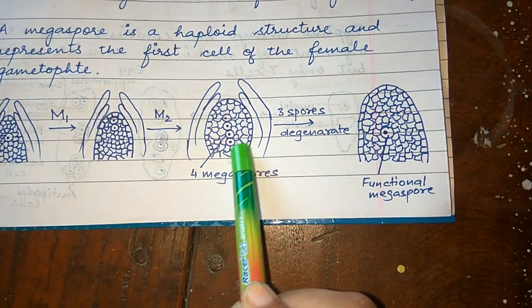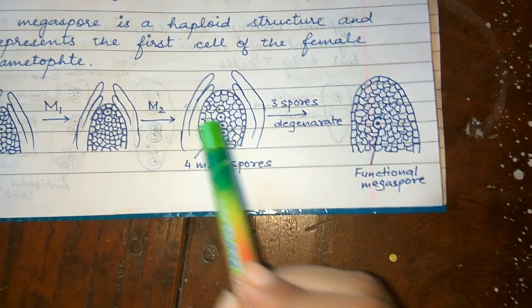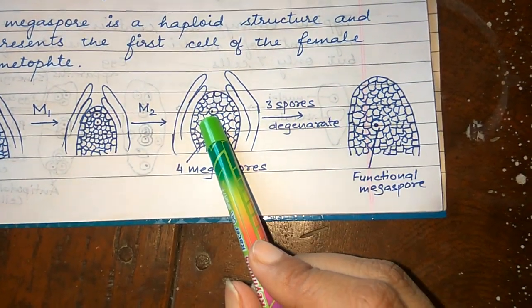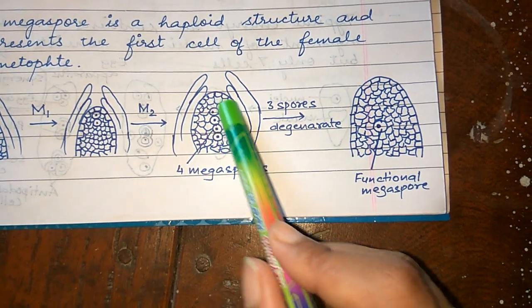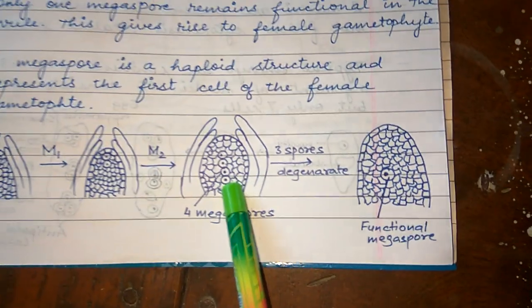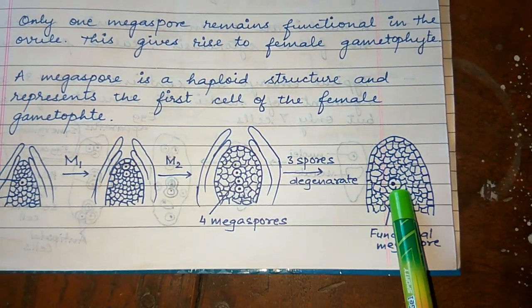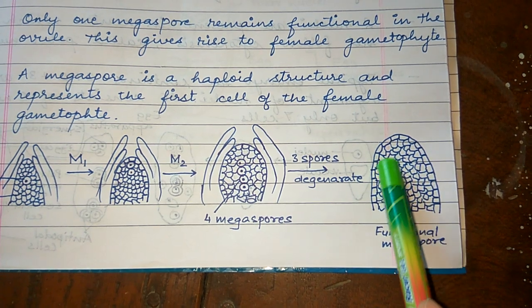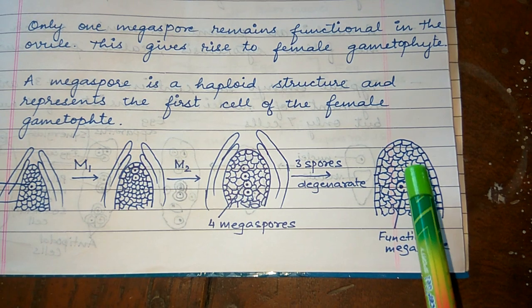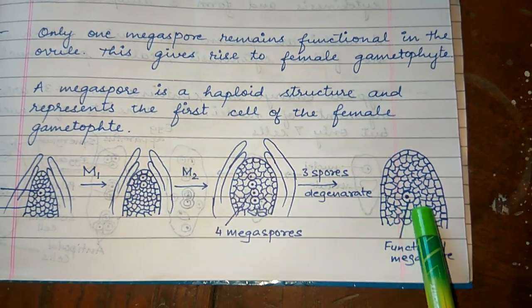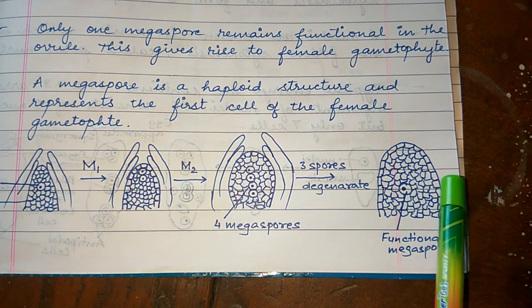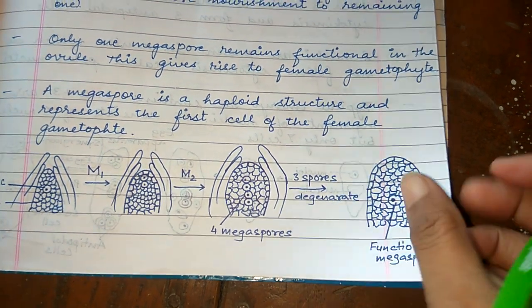Out of these megaspores, three degenerate to provide nourishment for the one remaining megaspore. Only one megaspore will be functional in the ovule, which gives rise to the female gametophyte. So, a megaspore is a haploid structure which represents the first cell of the female gametophyte.